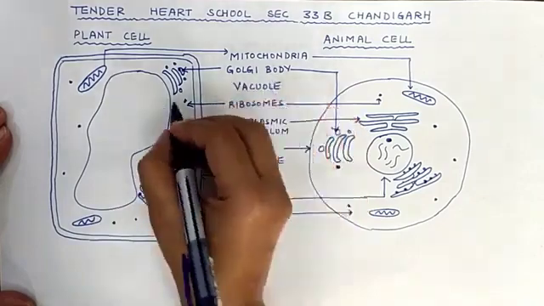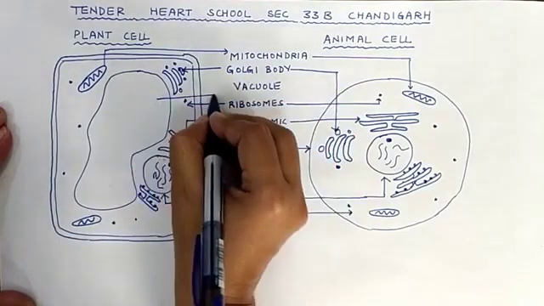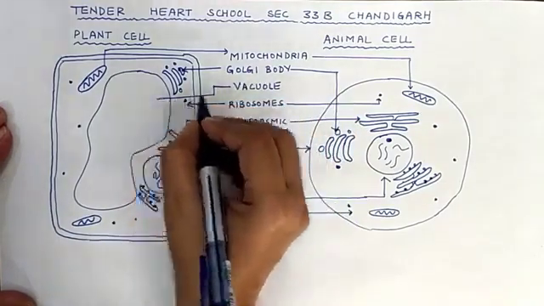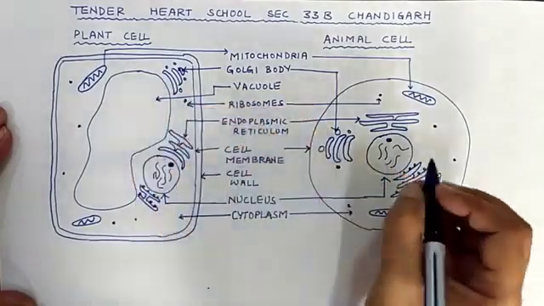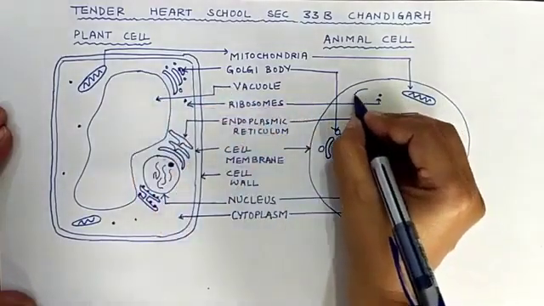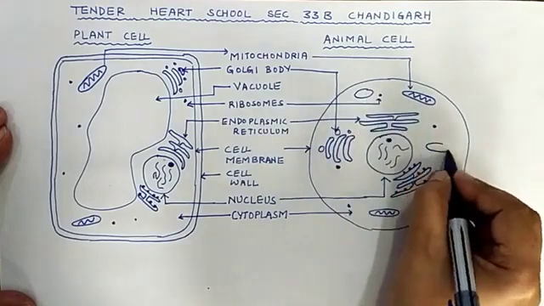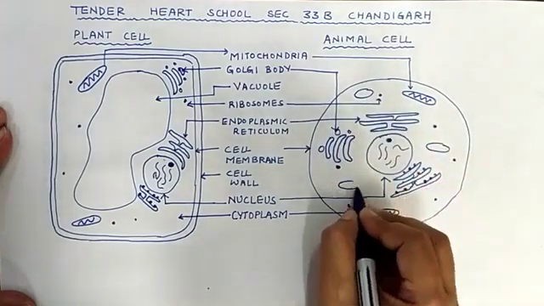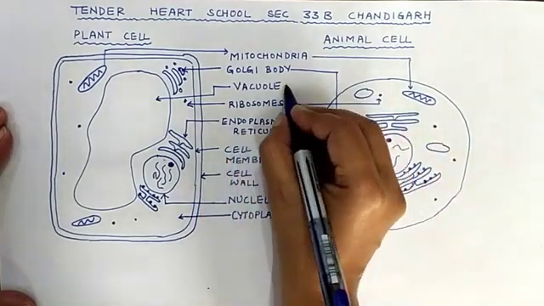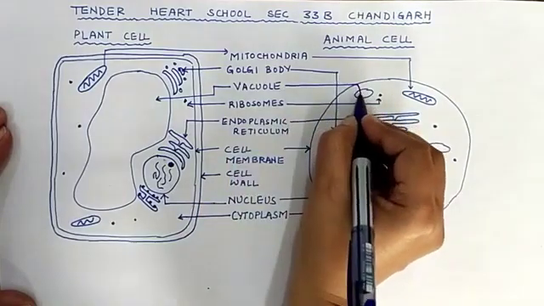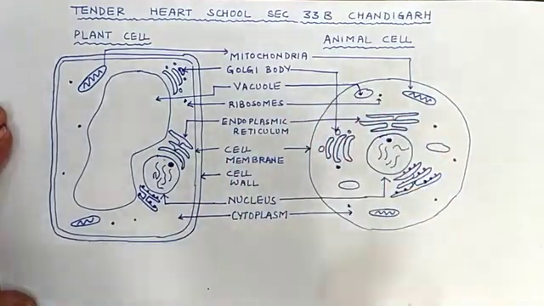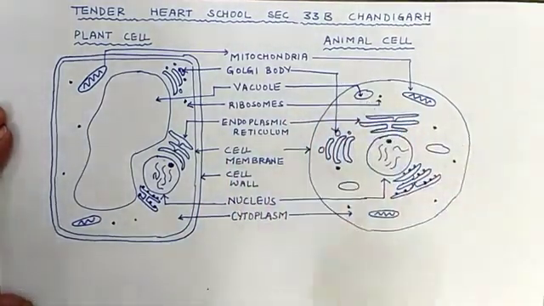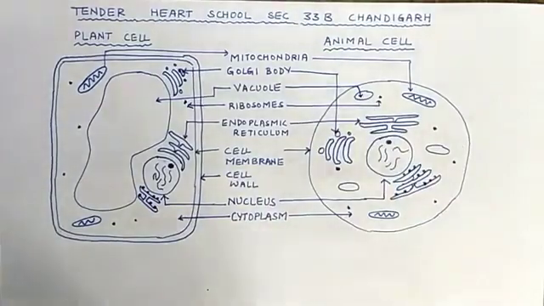And in the animal cell, we have vacuoles which are much smaller in size, right? So you can show the vacuoles here. Vacuoles contain water, and certain salts may be dissolved in this water, right?